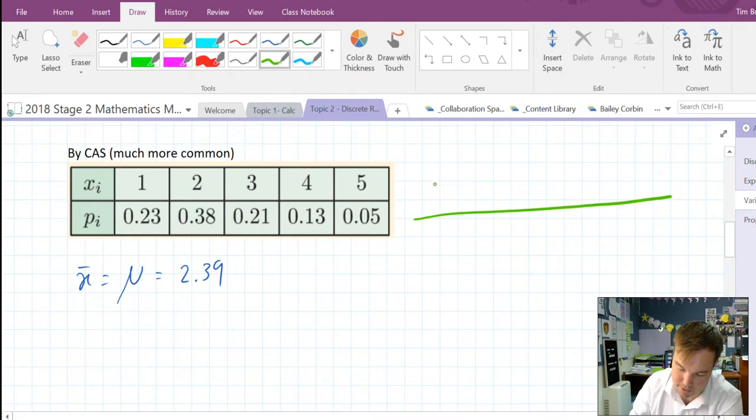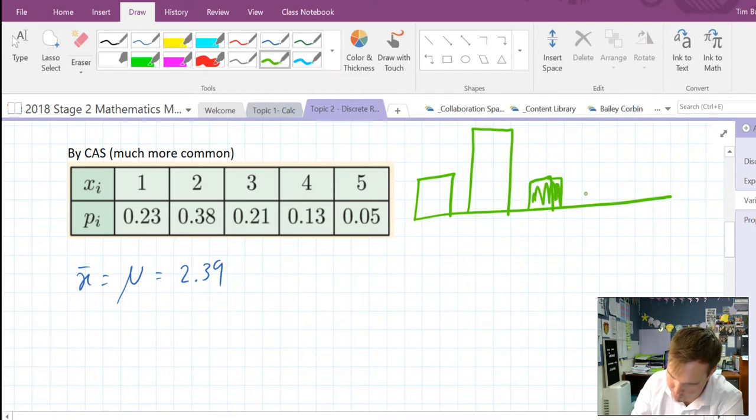So, for example, 0.23 is that, 0.38 might be bigger, 0.21 is going to be a bit less than 0.23, 0.13 will be less again, and 0.05 will be much less.